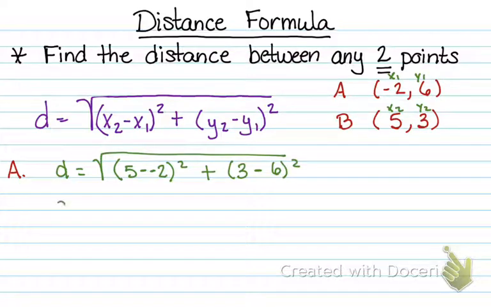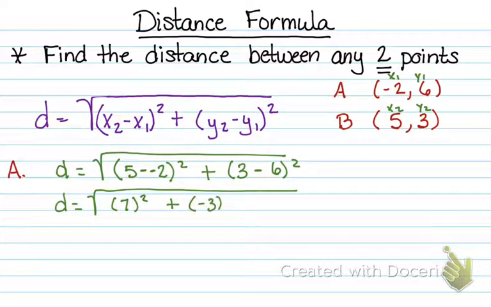Now we're going to simplify. So we leave our square root symbol. 5 plus 2 gives us 7, squared. And 3 minus 6 gives us a -3 squared. Now we're going to simplify even further. 7 squared gives us 49.